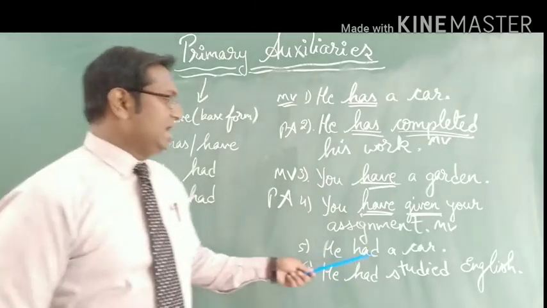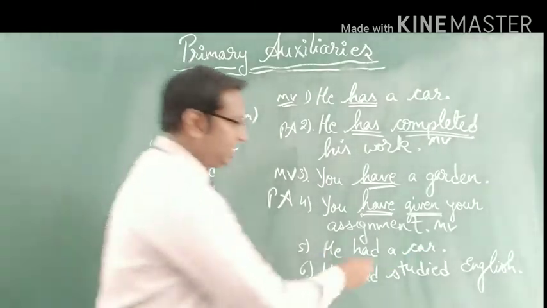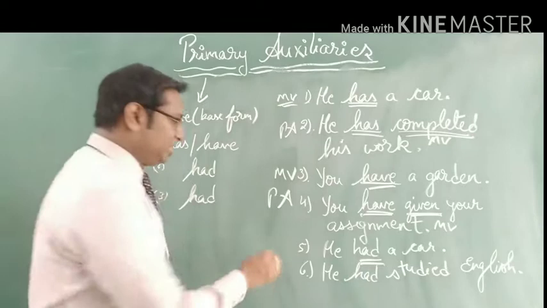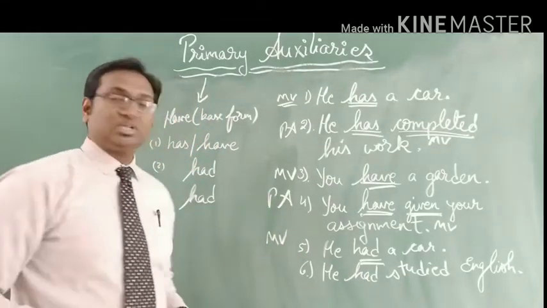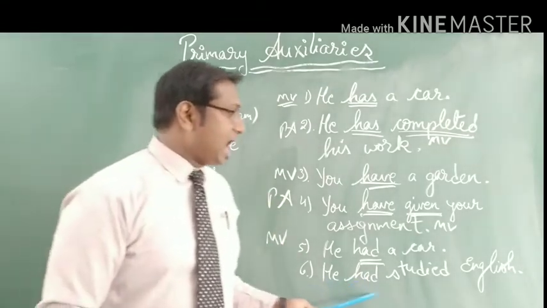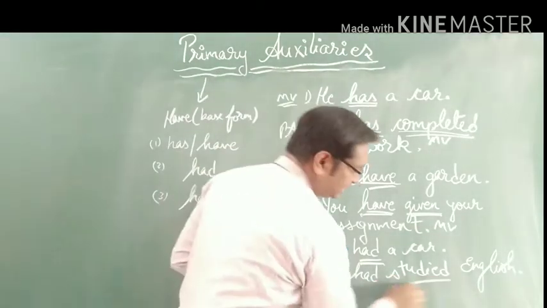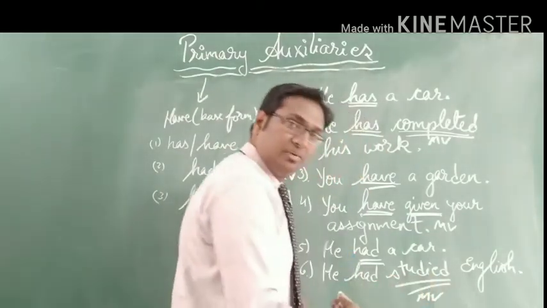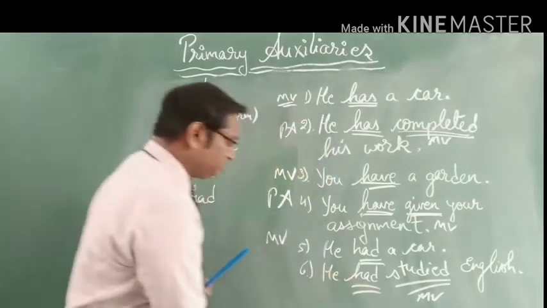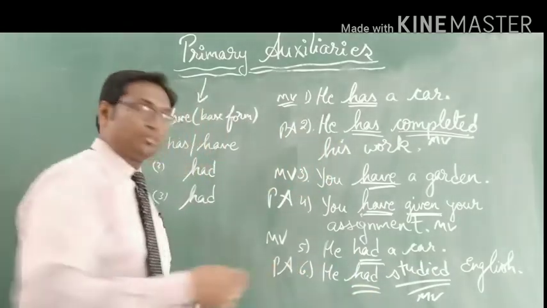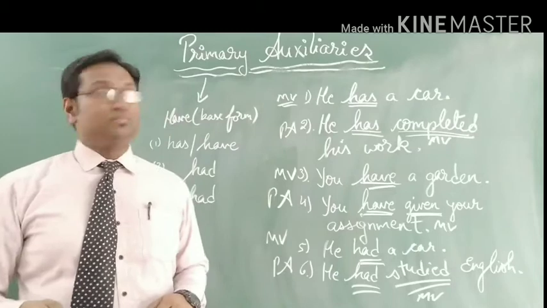Next, he had a car. Now over here, had is your main verb. And last, he had studied English. Now over here, studied is your main verb and had plays the role of primary auxiliary.